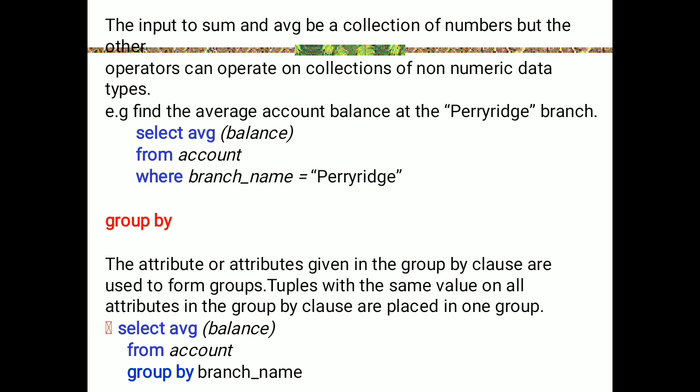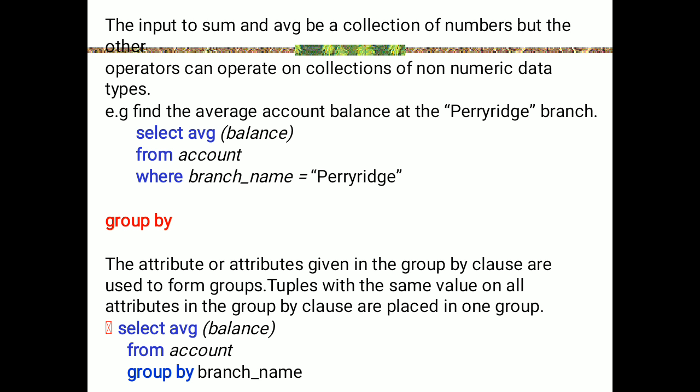How to use this aggregate function? Now select AVG in bracket balance. So select and AVG are the keywords which are used in SQL. Select AVG in bracket balance from account where branch name is equal to per each, because we want the average account balance of per each branch only.